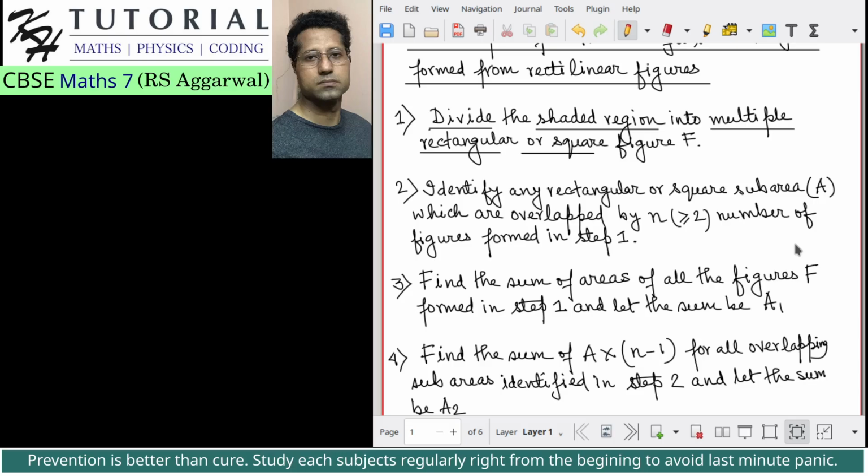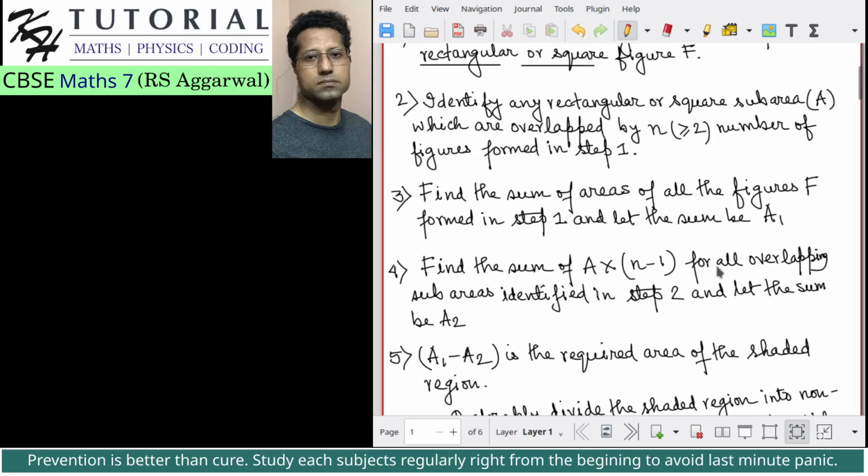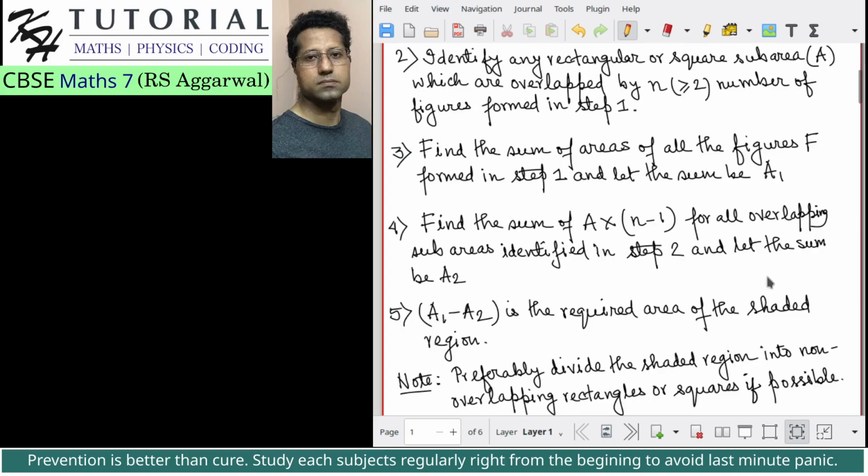So we need to consider the overlapping areas only once. Essentially we are subtracting the sum of all the overlapping areas which has been considered more than once from A1. So that is step 5, A1 minus A2. That is why we are subtracting A2 from A1.